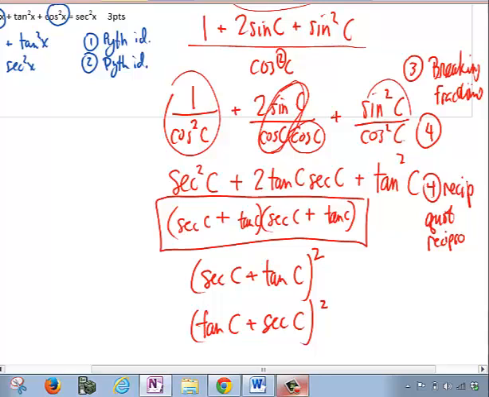And then the last part, to turn the tangent squared of c, that's a quotient identity again. So basically we used a whole bunch of different identity properties here. And on the last part, when we saw that we had a perfect square trinomial, that was just a factoring technique. So the last part was factoring.